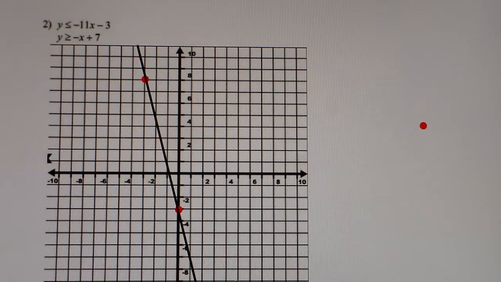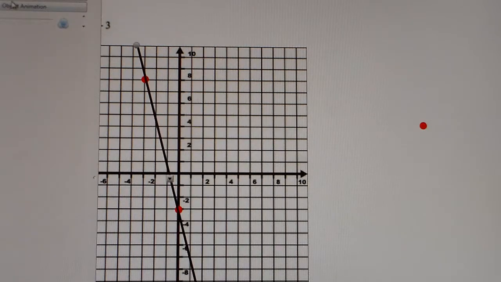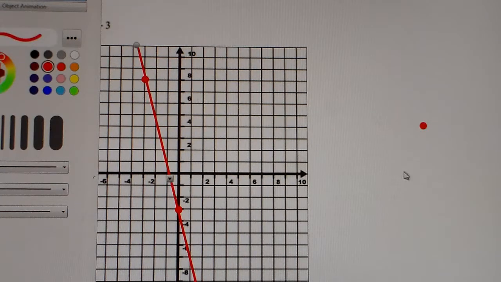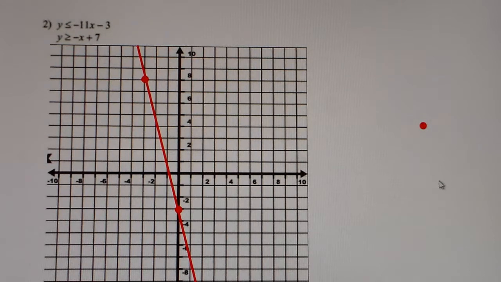That's our equation. That black line, which I'll make red so it's easy to see on camera. So you have a red line there. That is the y equals negative 11x minus 3 line.